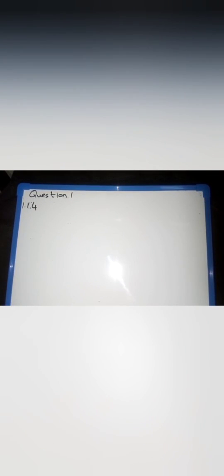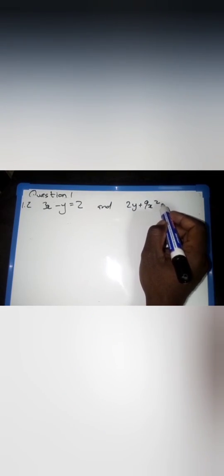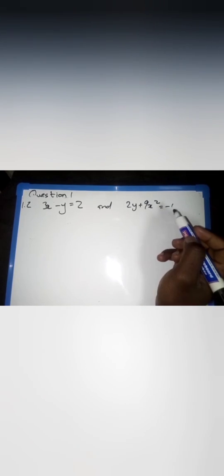So the next one that we have to do is question 1.2. So we're done with solving for x now. Now we have to solve simultaneously for x and y. And we're given 3x minus y is equal to 2 and 2y plus 9x squared is equal to negative 1.